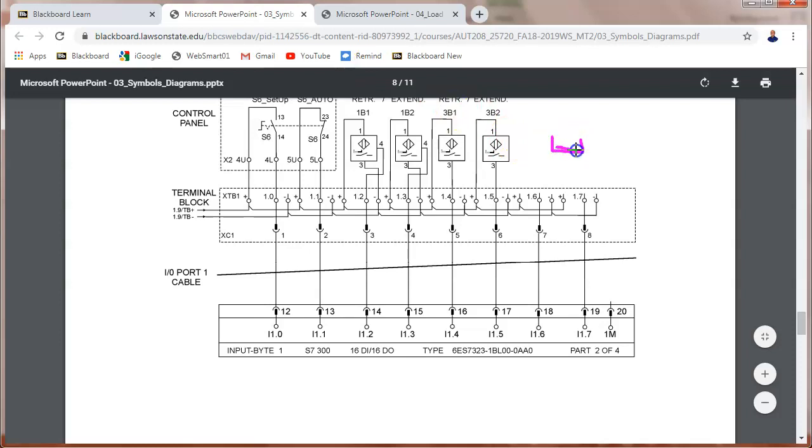Usually we know it's some type of magnetic sensor. I'm trying, guys. That's good enough. Some type of magnetic sensor.